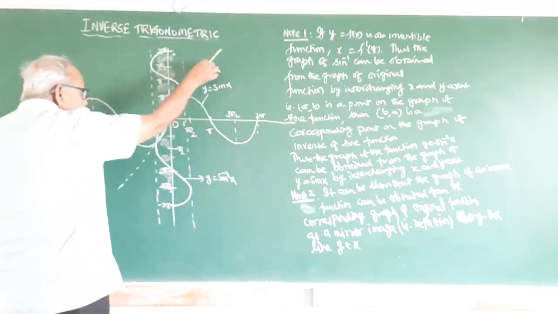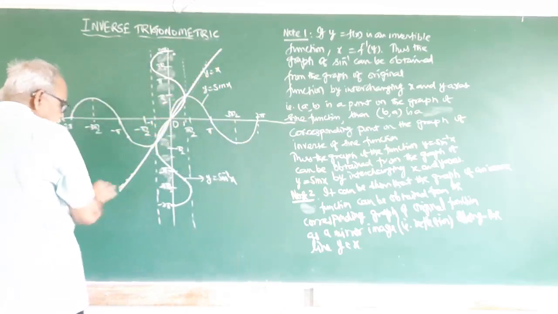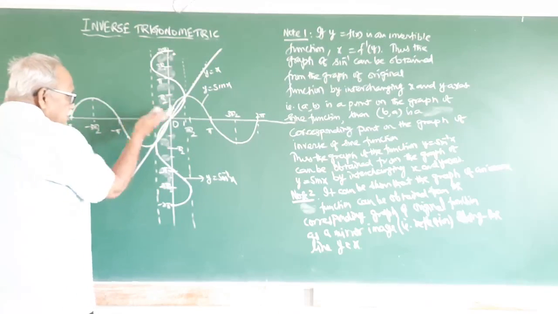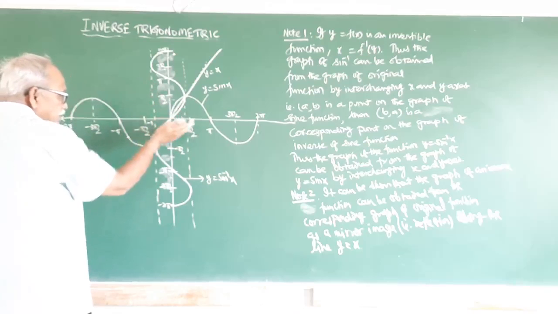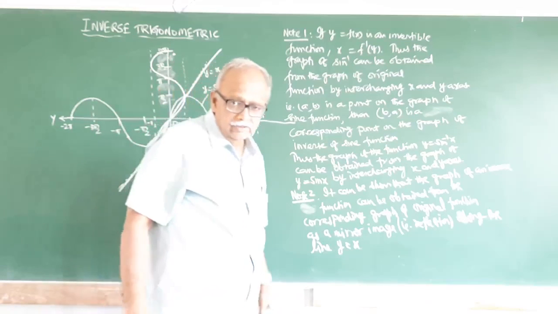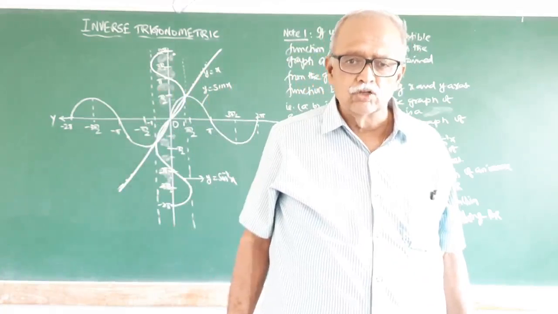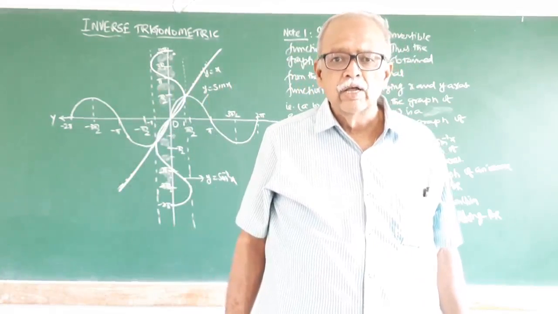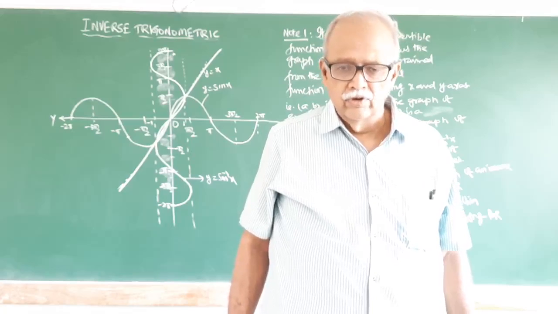You can see here this is the y is equal to x line. So the sine graph and sine inverse graph are mirror images. This can be superimposed on the other side. If you fold it along the line y is equal to x, both will superimpose. That is called mirror image or reflection. Okay, thank you.